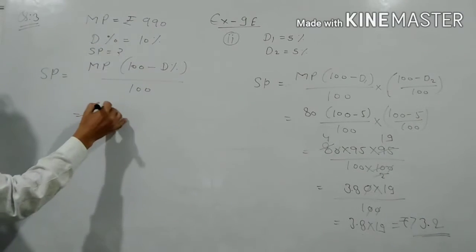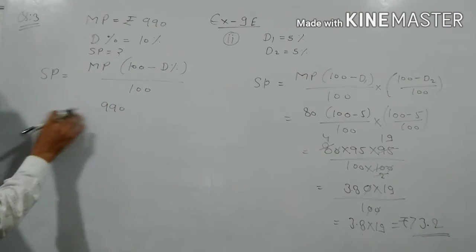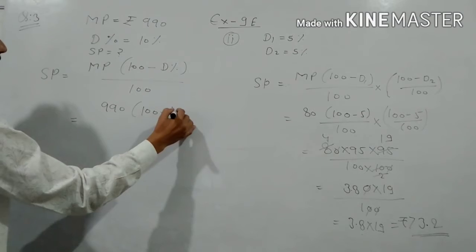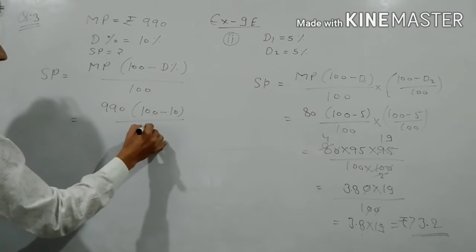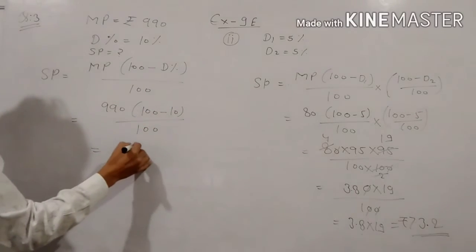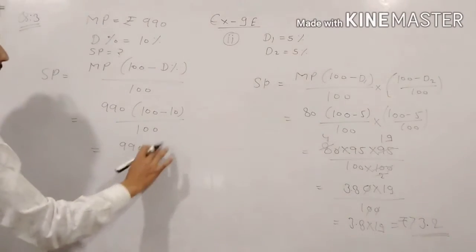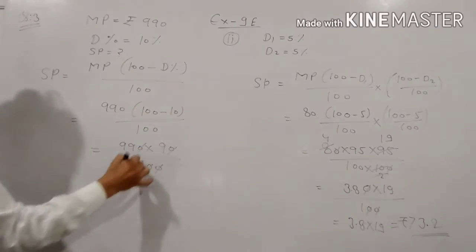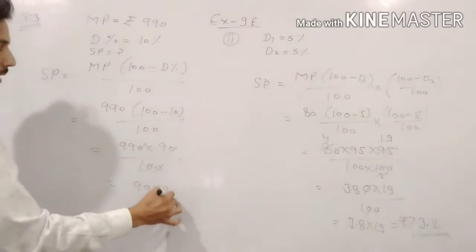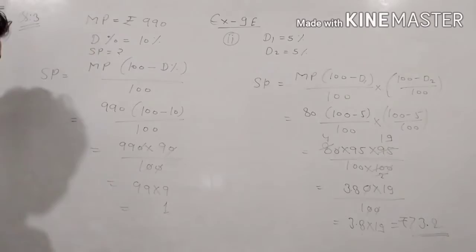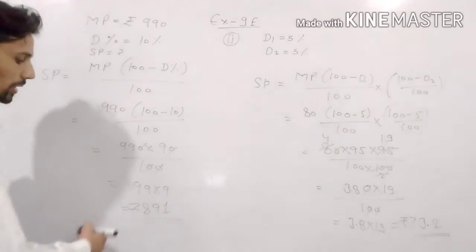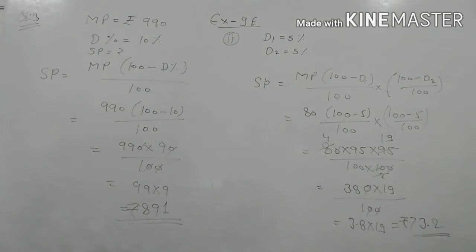So put the value of MP here. 100 minus discount percent upon 100. 100 minus 10, 90, 20 cancel with 20. 9 9s are 81, carry 8, 9 9s are 81 and 8, 89, so 891 rupees is the selling price of this article.